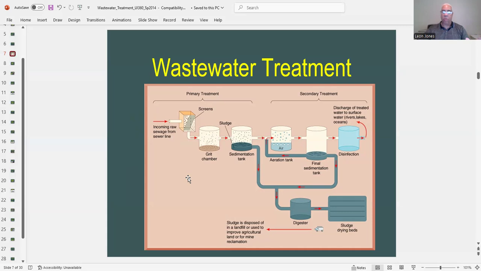You have to remember, plants also operate on the population of people. So the larger your city is, the more capacity the plant has to have. But this is how a water treatment plant works, and it's part of keeping our water systems clean.